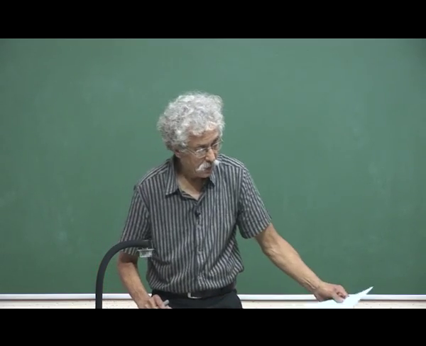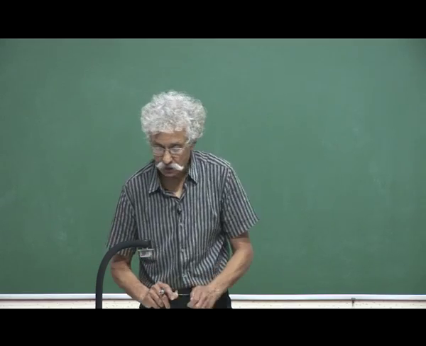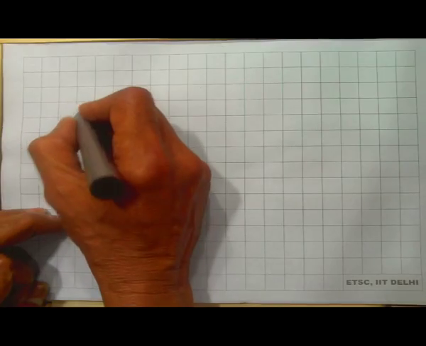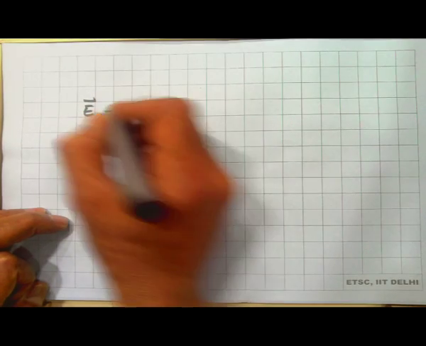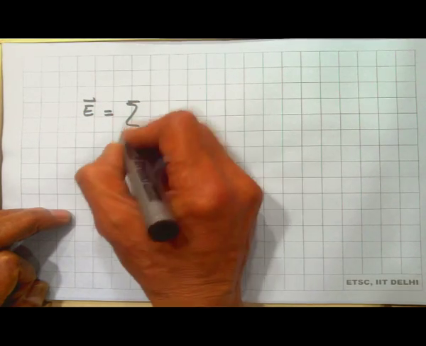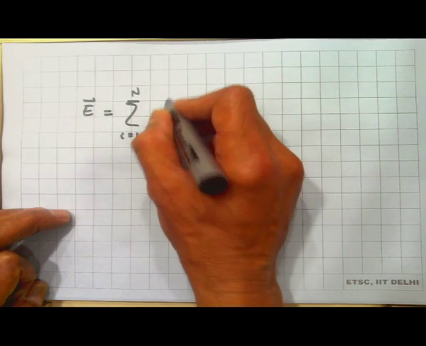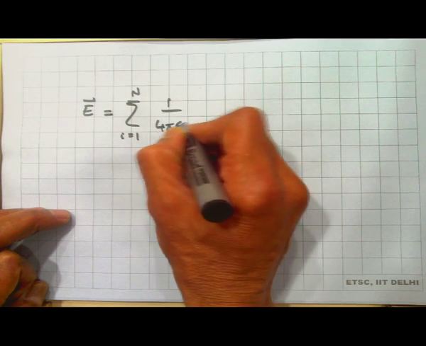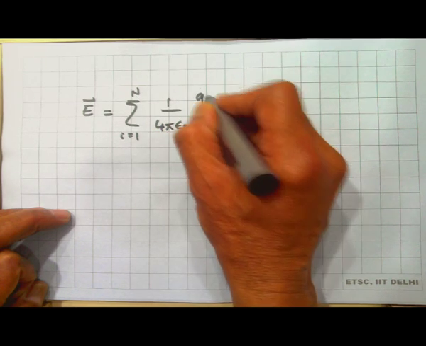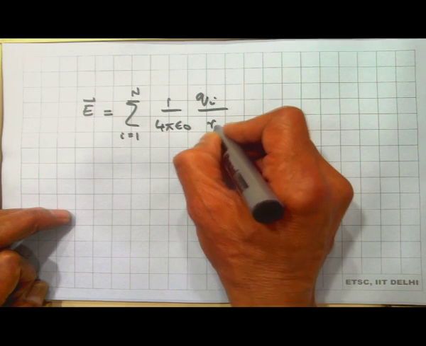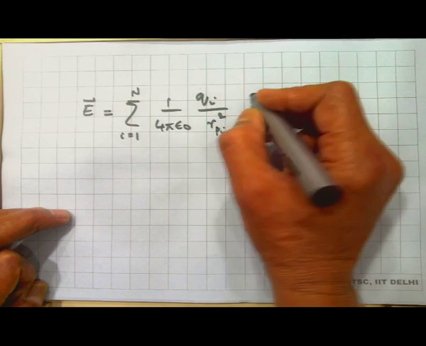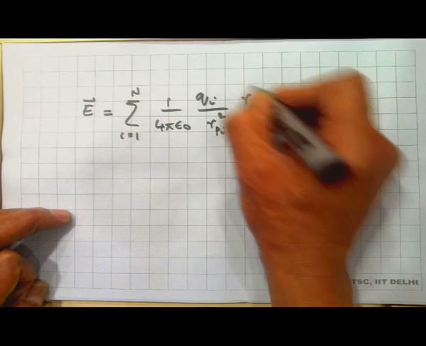Now, this is the electric field for one point charge. Similarly, I can write the total electric field in the presence of a number of charges as sigma i equal to 1 to n, 1 by 4 pi epsilon 0, q i by r p i square into r p i cap.